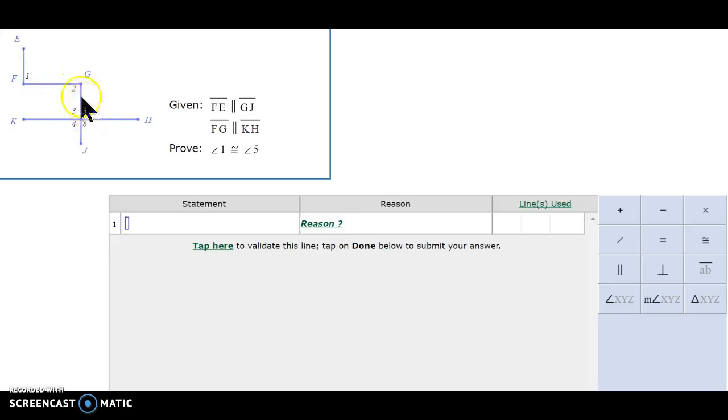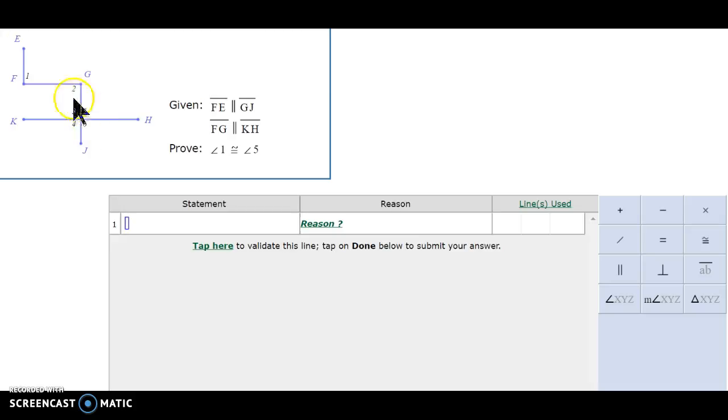So angle 5 and angle 2, what's the relationship between them? They already said that FG and KH are parallel, which means this is my transversal, right? So angle 2 and angle 5, they would be alternate interior, alternate exterior, or corresponding.